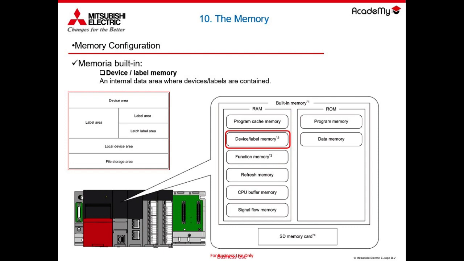Another memory we always talk about, RAM memory, is the one related to the devices and the labels. It is then partitioned and subdivided based on the device being talked about, so that it contains devices or labels, as well as the storage files, which is a portion of memory dedicated to particular file registers.